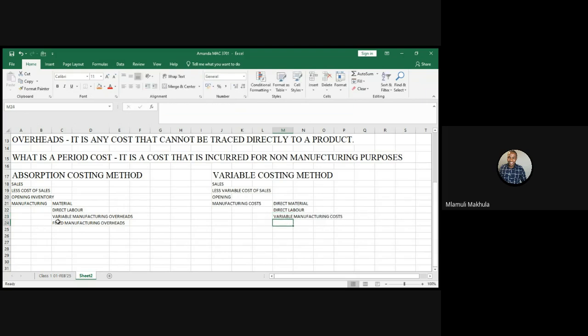Okay, can you see the difference? There's no fixed on this side. And then after that, you'll have your closing, and this side, you'll have your closing also.